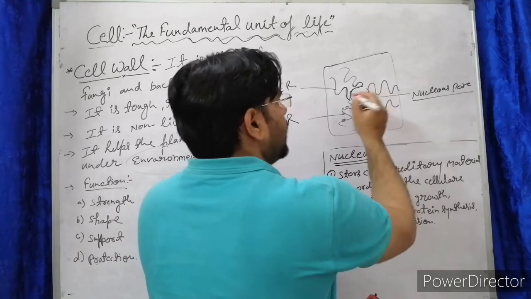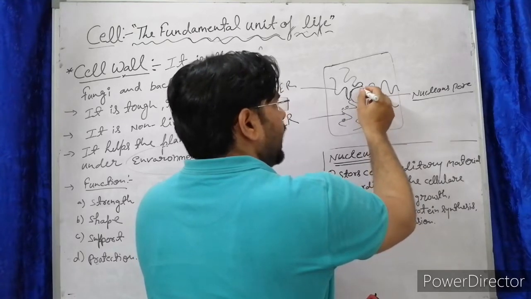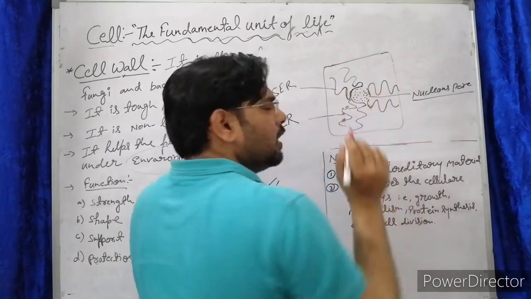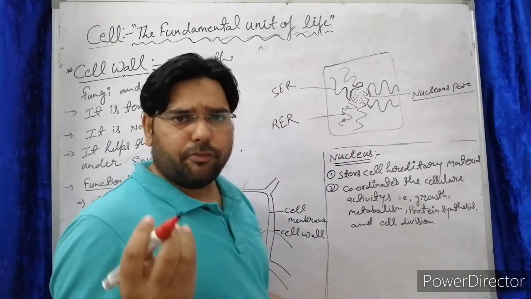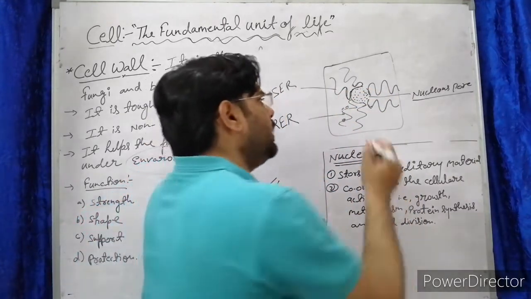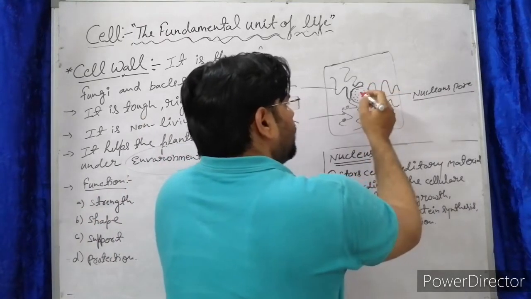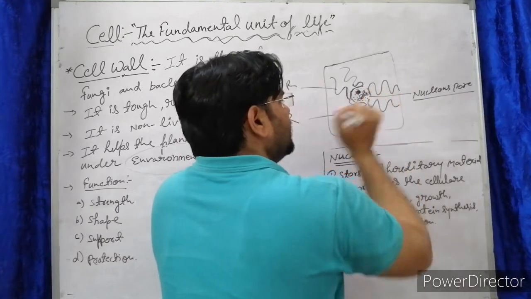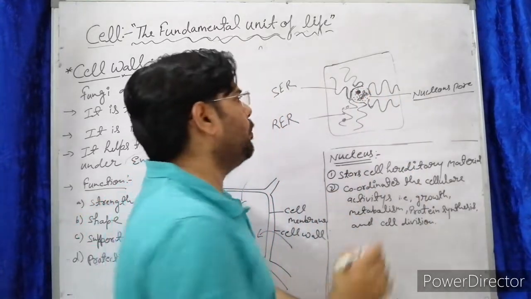Okay students, now inside the nucleus it has nucleoplasm. Nucleoplasm is made up of protein and some fluid. In this nucleoplasm it has the nucleolus and chromatin thread.